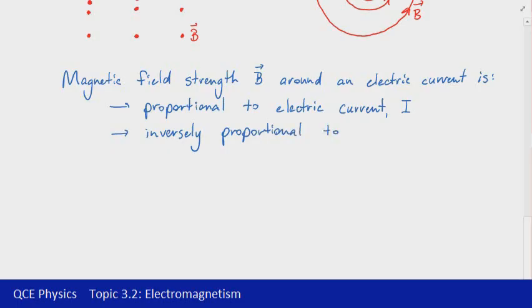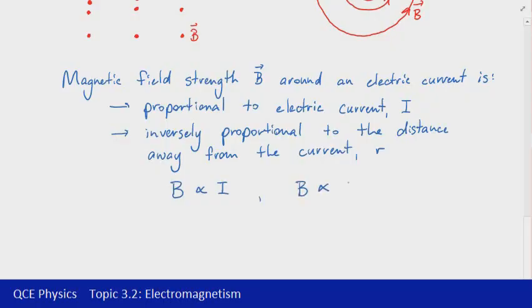Because we're dealing with circles, the distance here is basically going to be a radius. So the letter that we use is the letter R, and that means that we've got B is proportional to I and B is proportional to 1 on R.